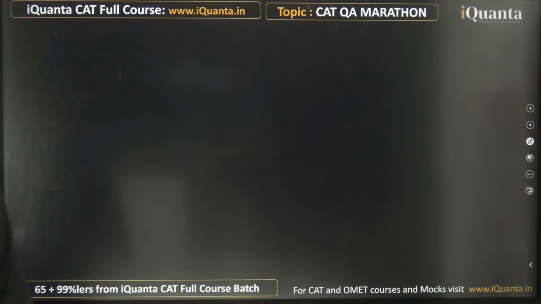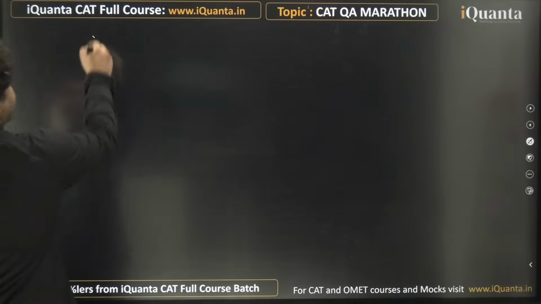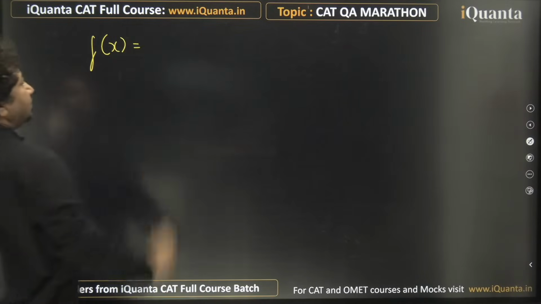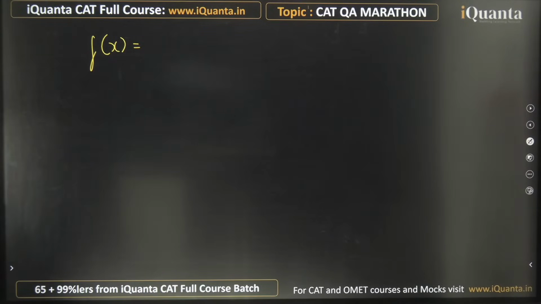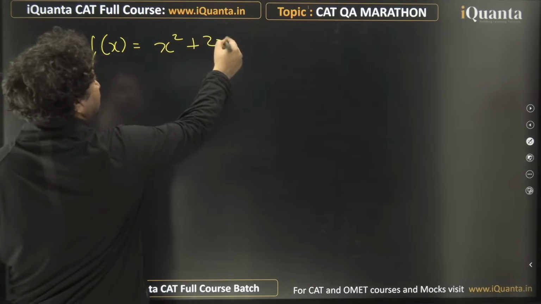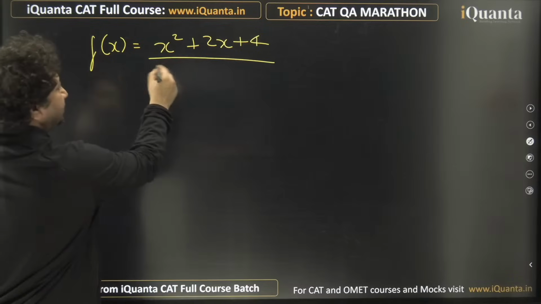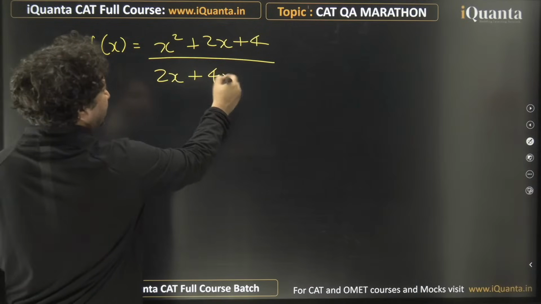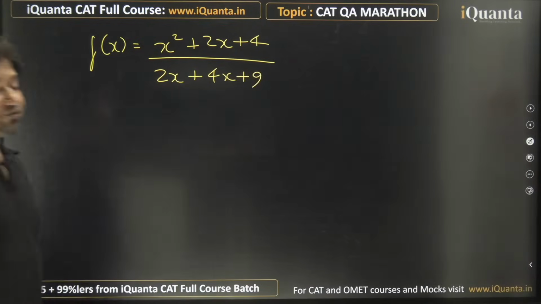Okay, one last question for today. f(x) is equal to (x square plus 2x plus 4) upon (2x square plus 4x plus 5). You need to find the minimum and the maximum value of this.